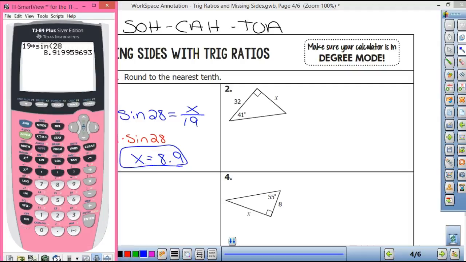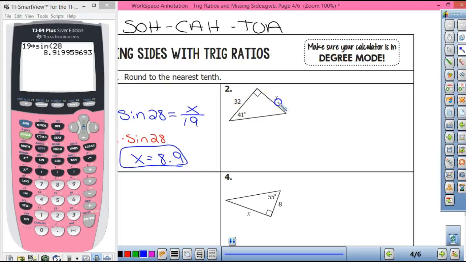All right, so next one. From my 41 degree angle, x is opposite, 32 is adjacent. Which one of those, sine, cosine, or tangent, is using opposite and adjacent? Tangent, yeah. So tangent of 41 equals opposite x over adjacent 32.